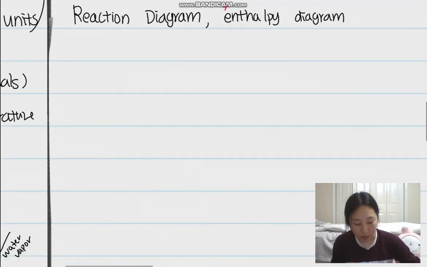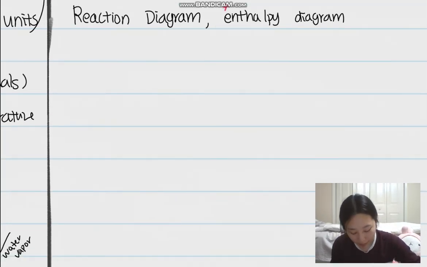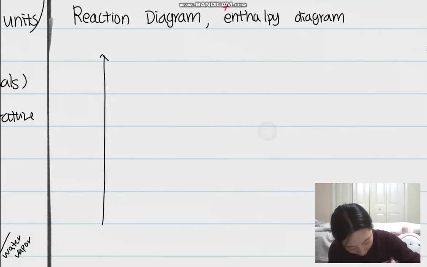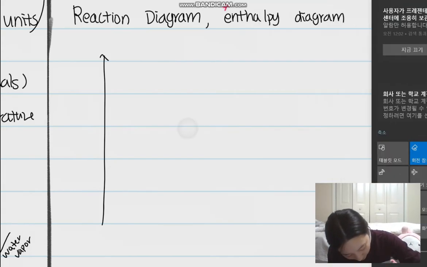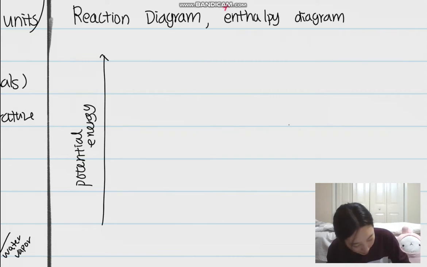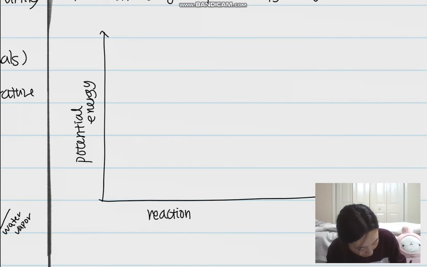Typically we draw this reaction diagram by having the y-axis as potential energy, and then the x-axis as reaction progress.